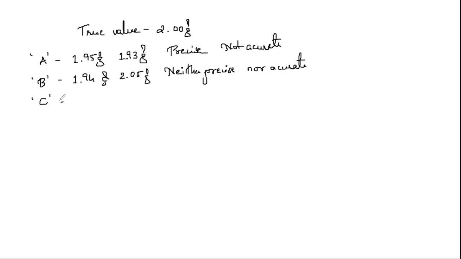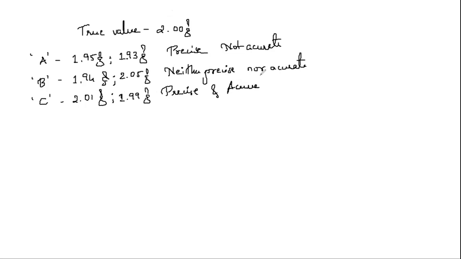Let me say there is another student C. He performs the experiment and gets the answer 2.01 as one reading, and for the second reading he gets 1.99 grams. I can call both readings precise because they are very near to each other, and they are also accurate.